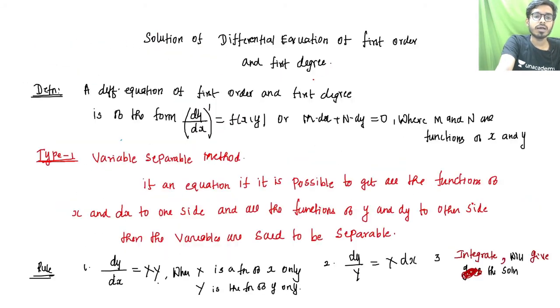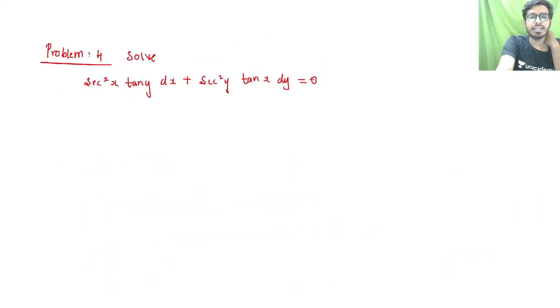You can see an equation of the form dy by dx equal to f of x comma y, or m dx plus n dy, both are same. So here it is of the form m dx plus n dy. Now you need to find the solution for this. What I am doing is just separating the variables.